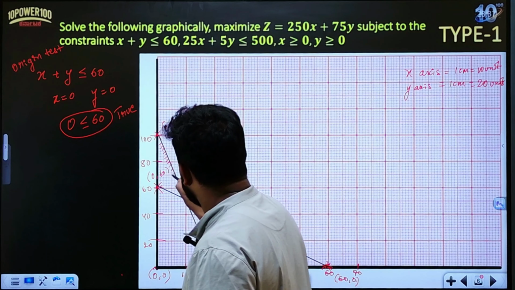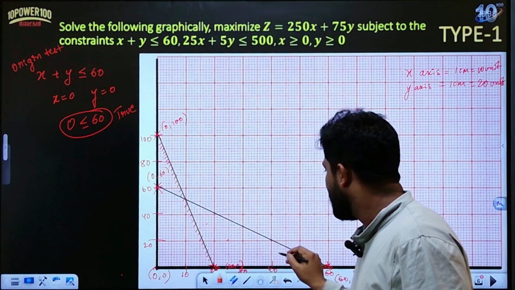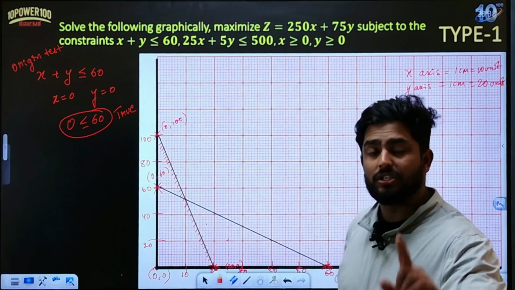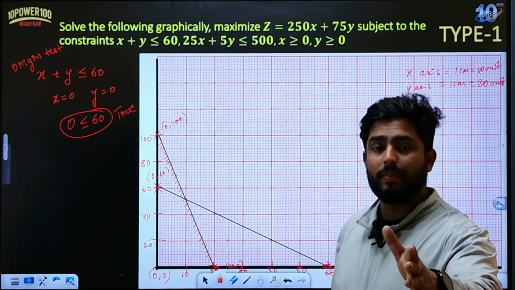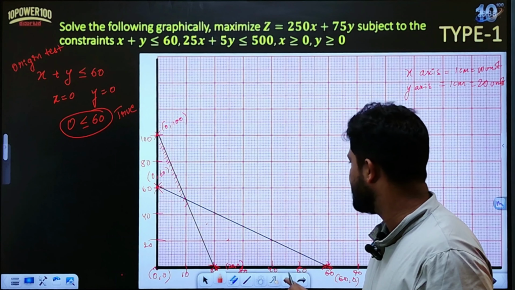And very, very important. I made a mistake. The line x plus y is equal to 60 is this one, correct? But I made the mistake of marking the other one. This is also one of the common mistakes you will make. Please don't make that mistake. So I'm going to change this.